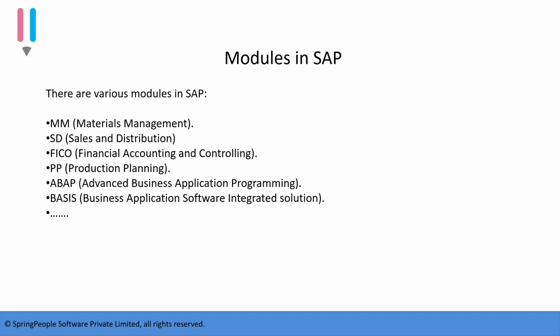Now all this selling or your sales activities are handled by the sales department in the respective business. That sales department is called the sales and distribution module in SAP. Whenever you sell something, there are some financial transactions involved.